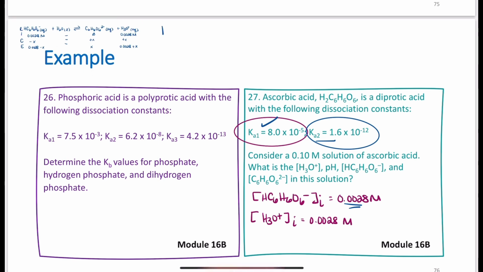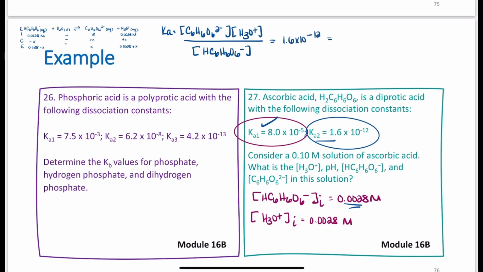And set up my K expression. It is still Ka because the species is still acting as an acid, still producing hydronium. So H3O plus. And my second Ka value is 1.6 times 10 to the negative 12.